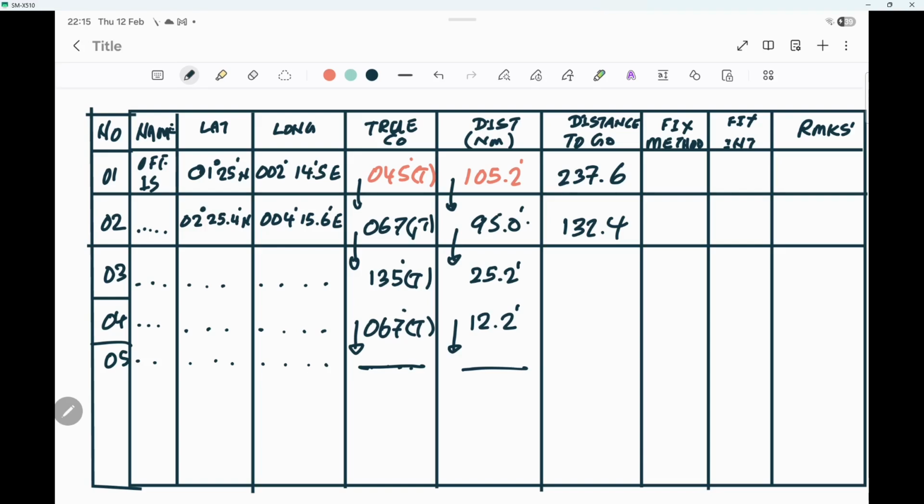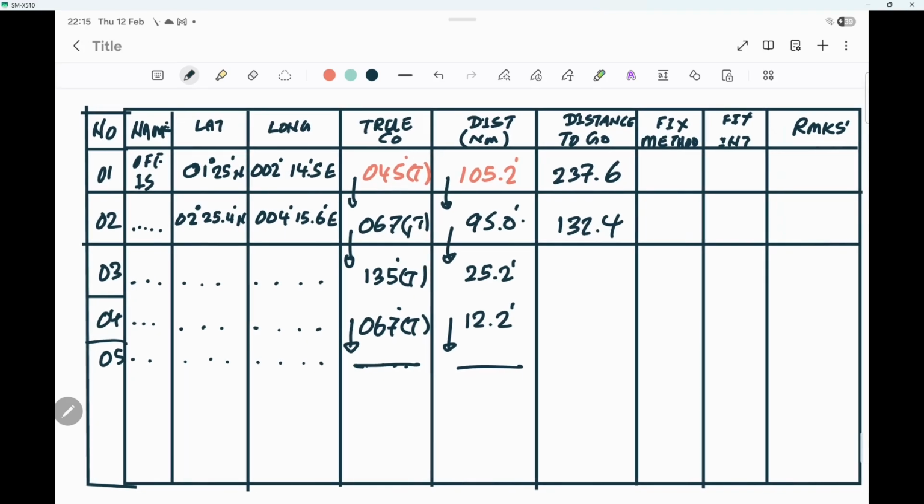So again subtract 95 miles from 132.4, then you will get the waypoint 3 distance to go up to waypoint 5, which is 132.4 minus 95, which is 37.4.